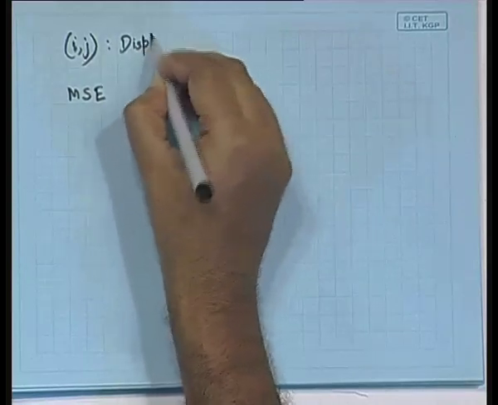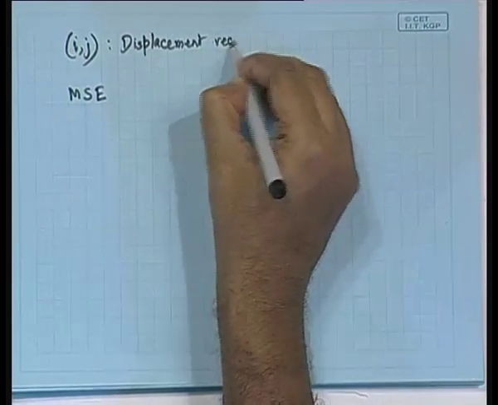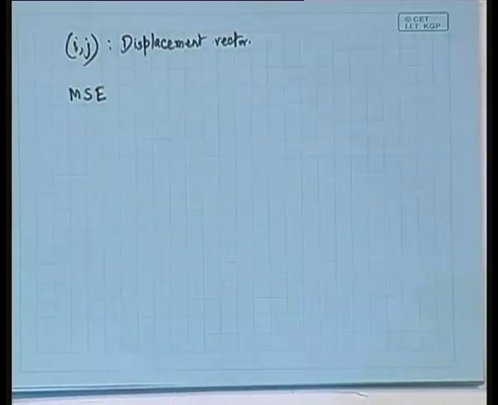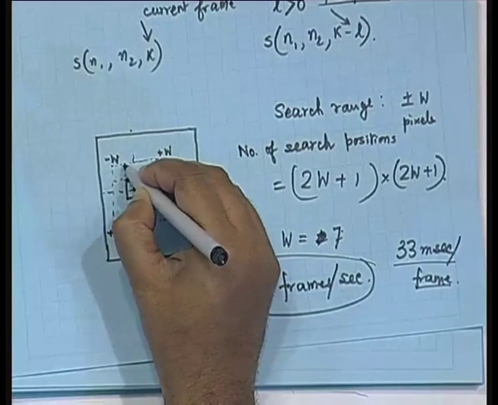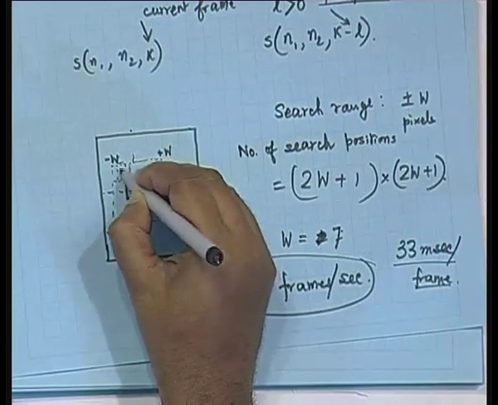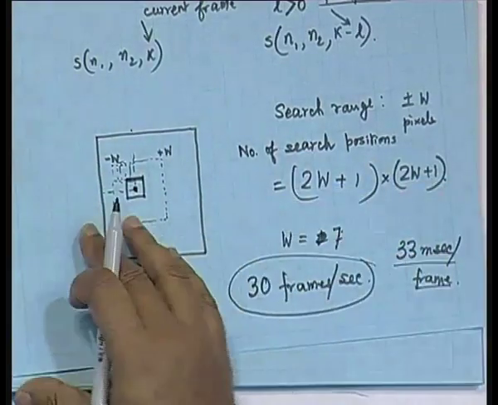Now, i, j will vary because in the case of search, we first place this window at this position, then shift it to the next pixel, then the next pixel, and like this we search everywhere.